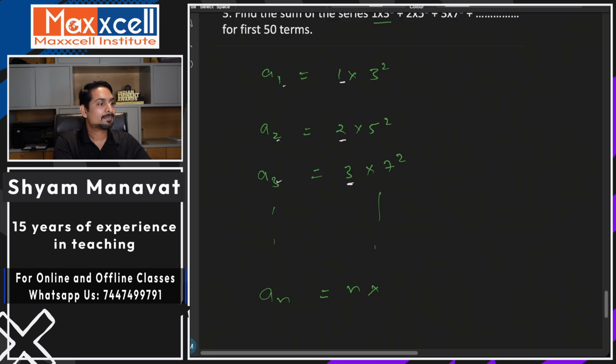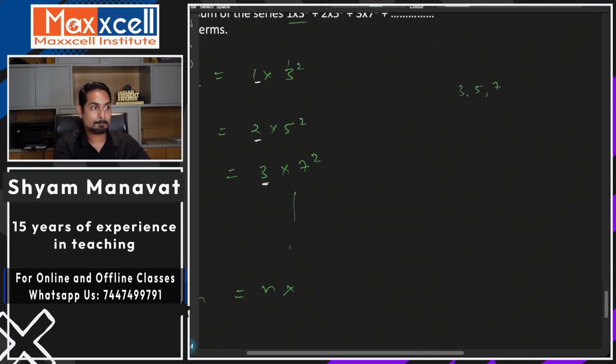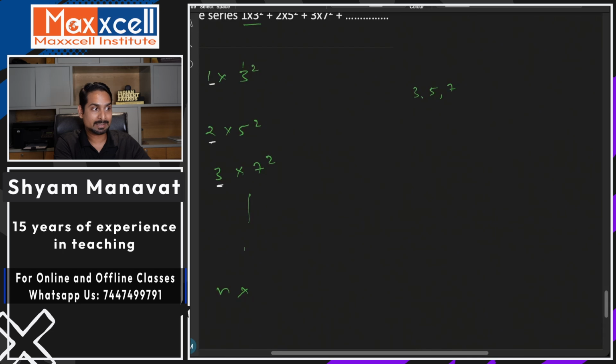Now, look at the second part of these terms. It's 3, 5, 7, difference of 2. In that case, how do you look at the nth term only looking at 3, 5, 7? See, one way I'll tell you, these are odd numbers, odd numbers starting from 3.